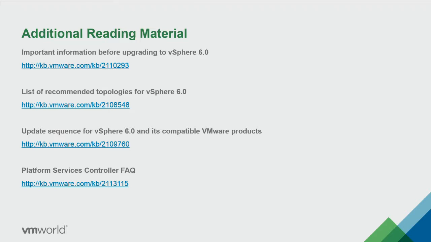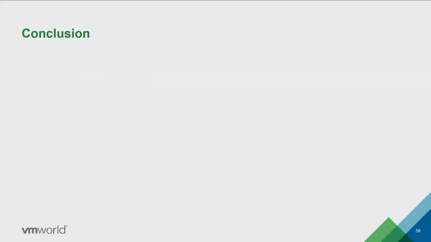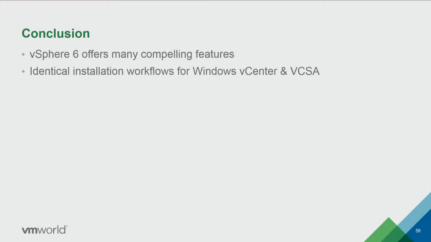Okay. Conclusion, and Mohan's going to drive you home. So in conclusion, we showed you that vSphere 6 has a lot of compelling features. We showed that the installation workflows for Windows and VCSA are identical and do a lot of pre-checks and other things so that you have a very error-free install or upgrade.